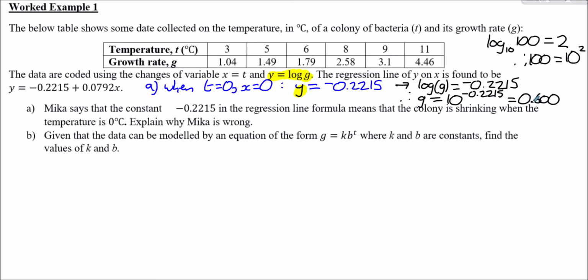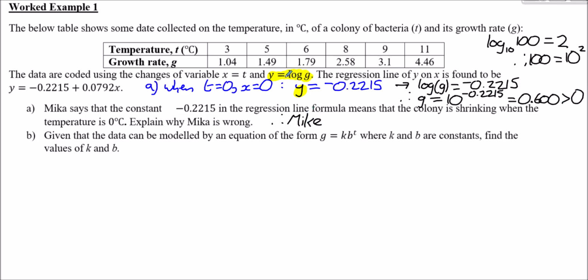But ultimately, this isn't a negative growth rate. If a colony was shrinking, g would be negative to indicate that the colony isn't growing, it's reducing. 0.6 isn't huge, but ultimately it's greater than 0. So therefore, Mika is wrong.